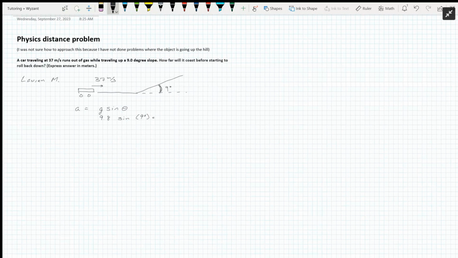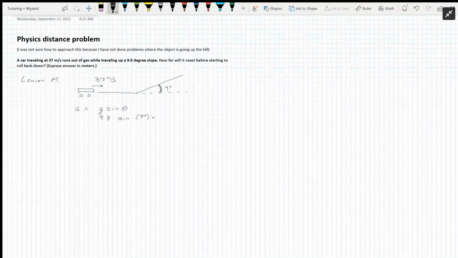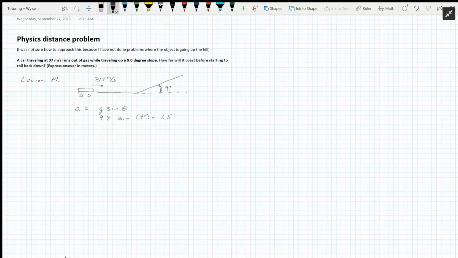Let me make sure that we're in degree mode, and I'm not. I'm in radian mode, so I'm going to go to degree mode. Okay, and I'm going to find out that that's 1.53. So that's 1.53, and that's the acceleration, in meters per second squared.